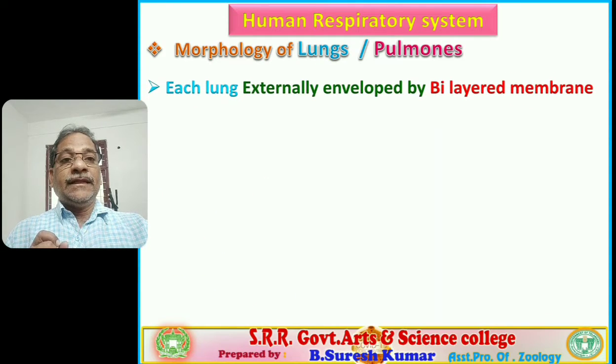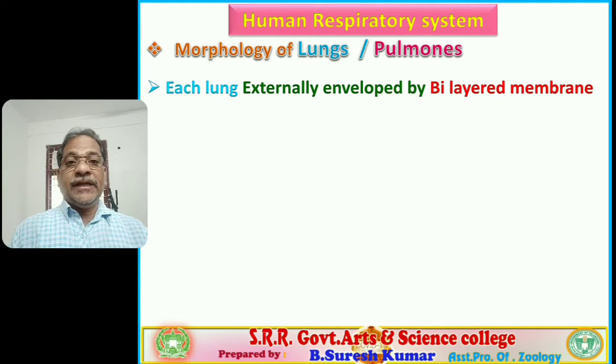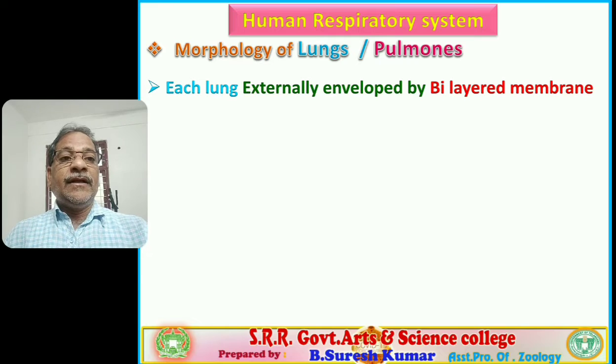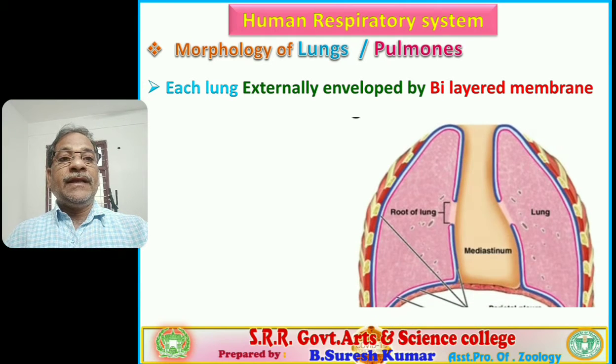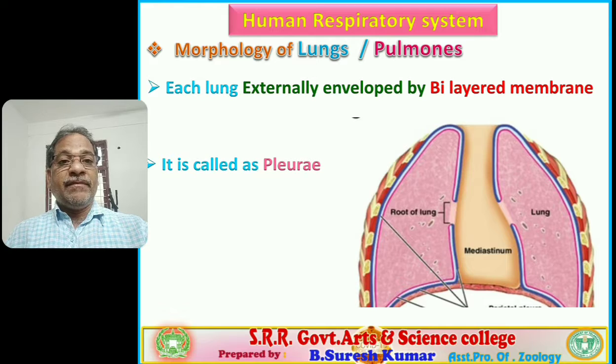Right? Next, if we observe other features of the lung, the lung is externally enveloped by a bilayered sheath, a two-layered membrane. That membrane is called pleura, otherwise pulmonary membrane or pleural membrane.